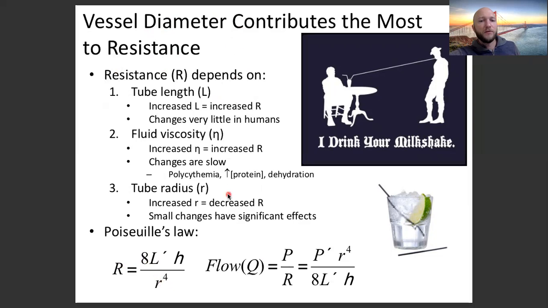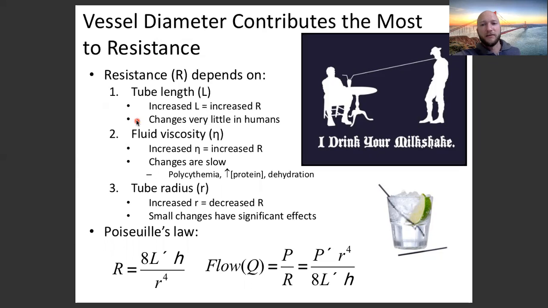Now let's go piece by piece. So tube length. You increase L, so you increase length, you increase resistance. Can you change the length of your vessels readily? Let's say I just detected that my blood pressure is getting a little bit low. I should increase my vascular resistance, so I'm going to make my tubes longer.